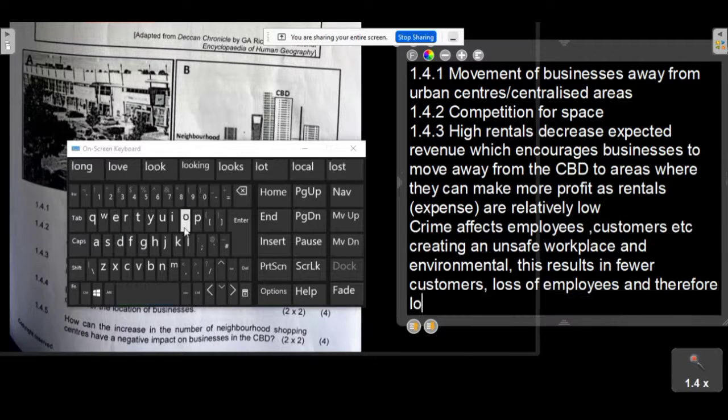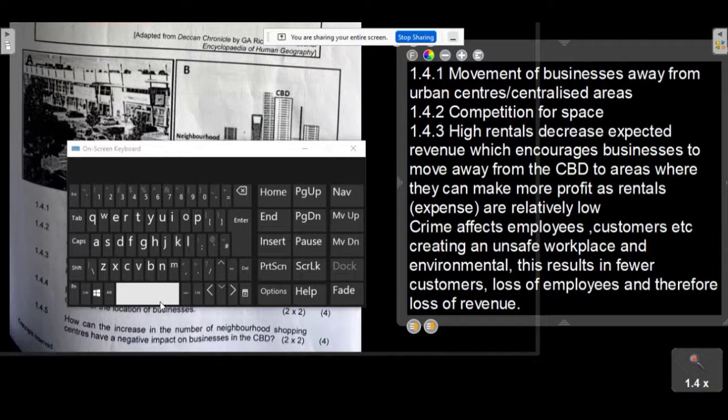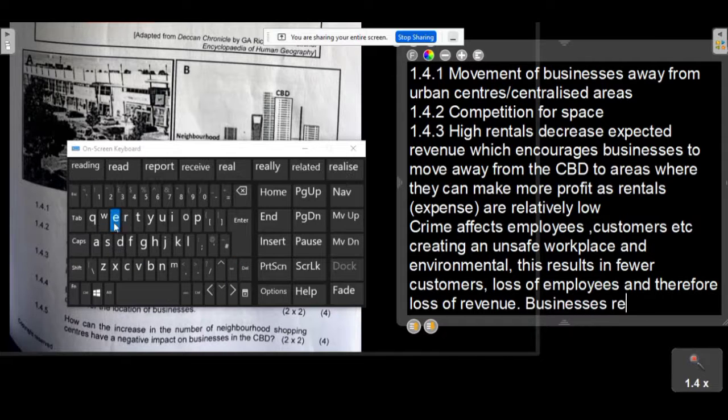Loss of revenue. So businesses then relocate to safer areas, or for safety purposes.